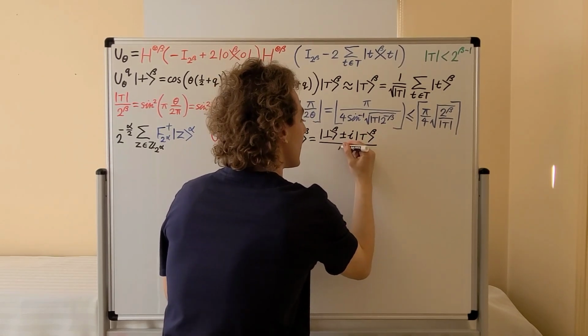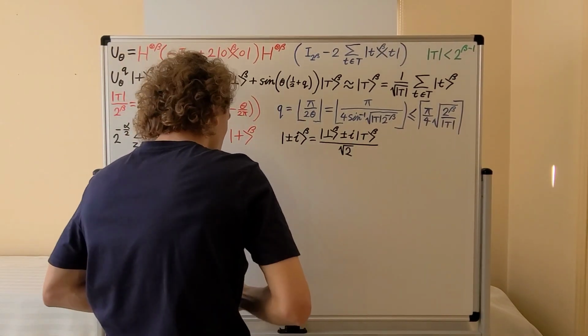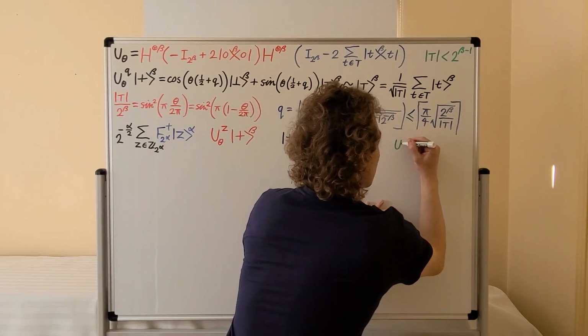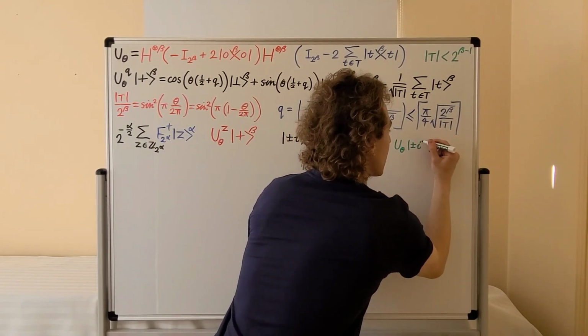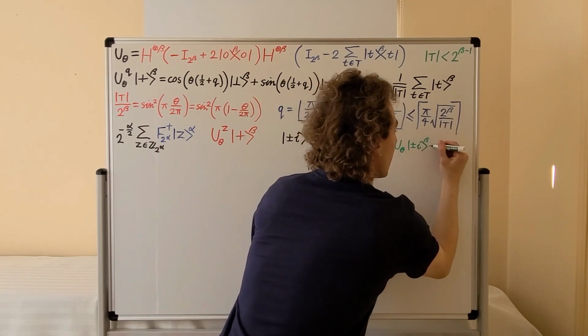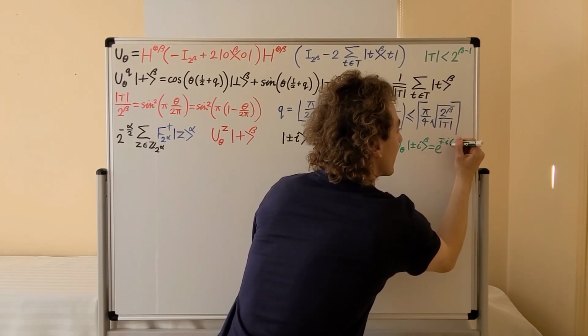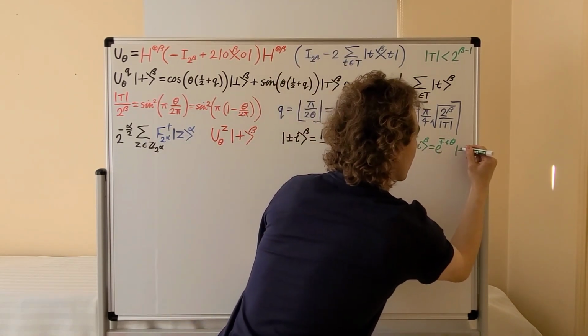And we can divide that by the square root of 2. That's a normalization coefficient. So when this unitary operator, U theta, acts on one of these eigenstates that are labeled by plus or minus i, it has the effect of multiplying by e to the minus or plus i theta. So you can see the sign is opposite over here.